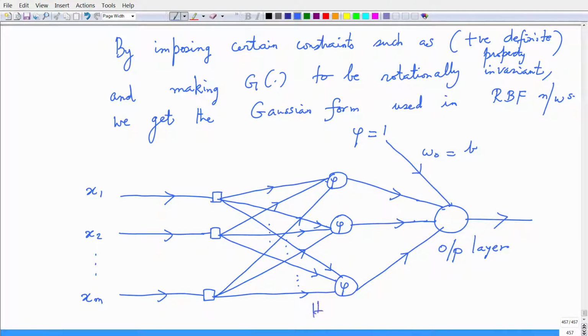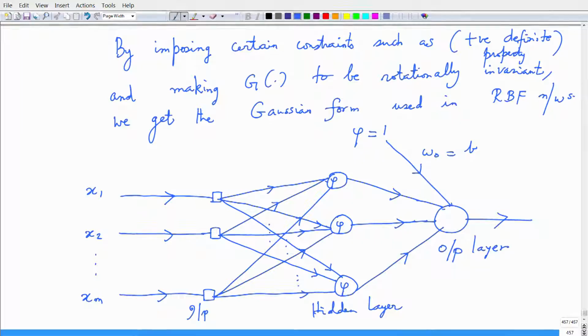Okay, this is my hidden layer and this is my input. So, the only difference was, instead of having a general Green's function, I have G represented by phi, which is basically acting on the norm of the vector x minus xi. Okay, that is the key difference.